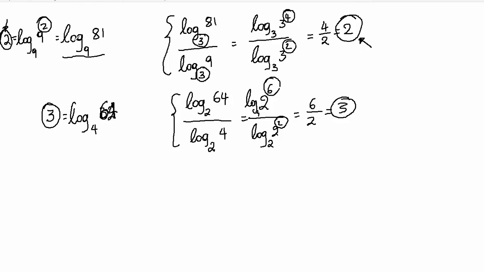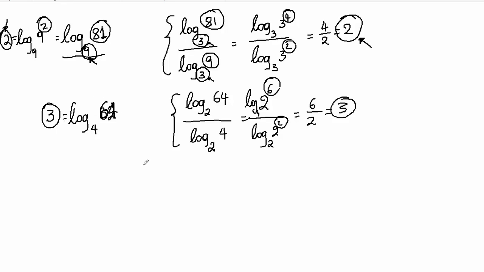And when I have a log of a specific number on a base, the number 9, then what I do is I take the fraction of the logarithm of the number that I start with divided by the logarithm of the previous base with the new number that I chose, the number 3. The results happen to be the same, and I can assure you that this is not a coincidence.